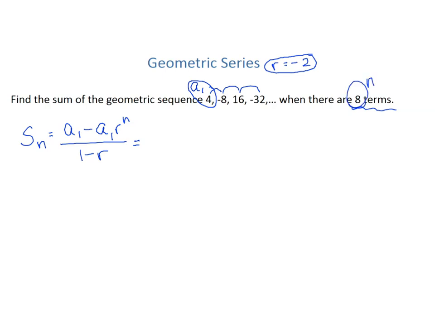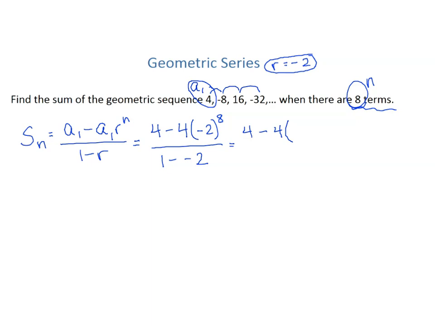So now we plug everything in. The first term is 4, minus 4 again. And then we have r, which is negative 2, raised to the nth power, which in this problem is 8, all over 1 minus negative 2. Okay, so we simplify. 4 minus 4 times... well, a negative times a negative equals a positive.